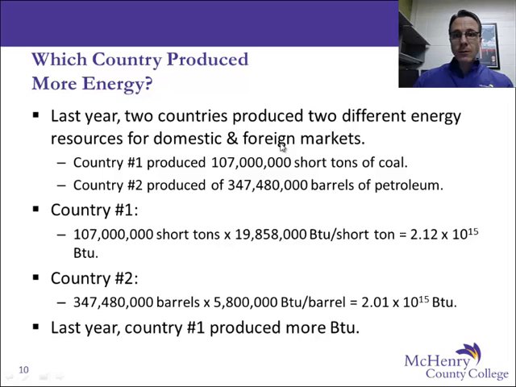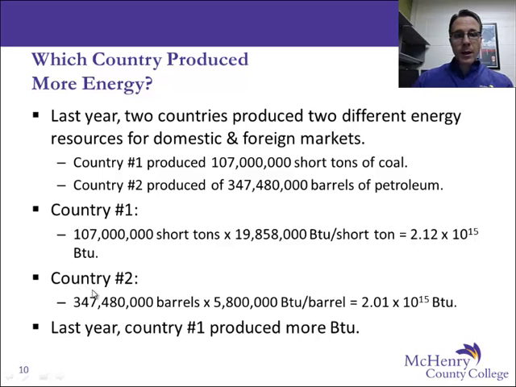for the domestic and foreign markets 2.12 times 10 to the 15 BTU, an enormous number of BTU, because we're multiplying the number of tons produced by the number of BTU in each ton, and we get this large number.